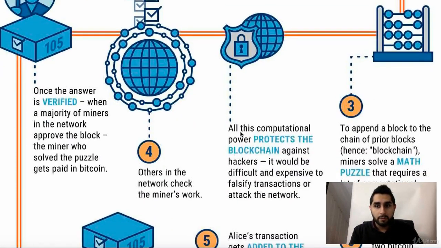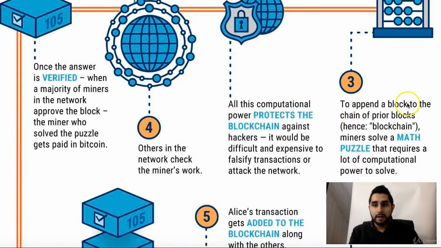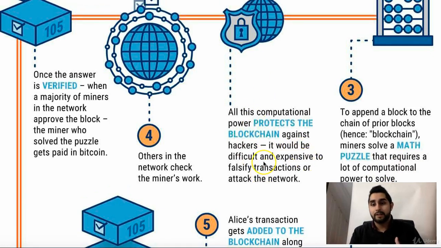Let's go further along the process. You see here, 3. To append a block to the blockchain, miners solve a math puzzle. Don't worry, you're not doing any math yourself. You're just running your computer to solve it. As I just said, this protects the blockchain against hackers because you can't fake the transactions.